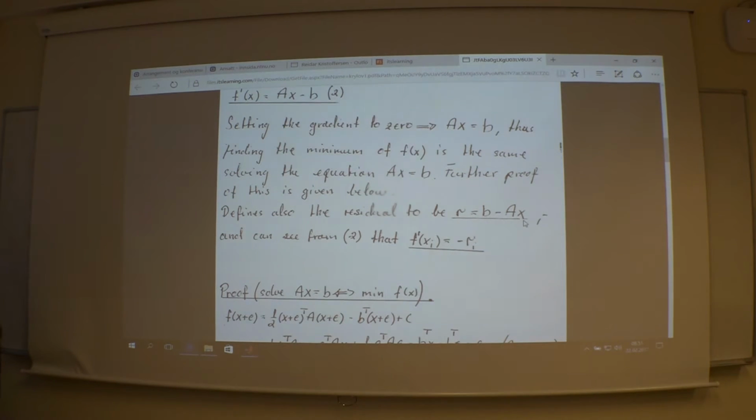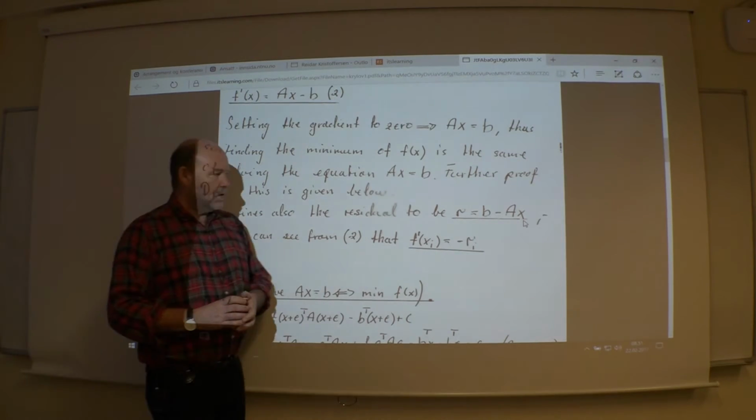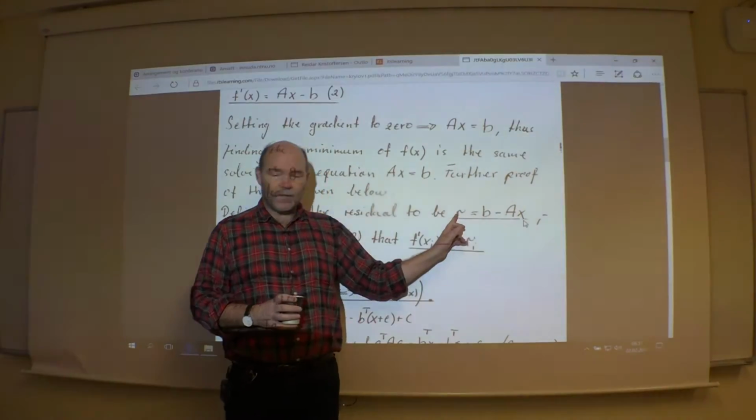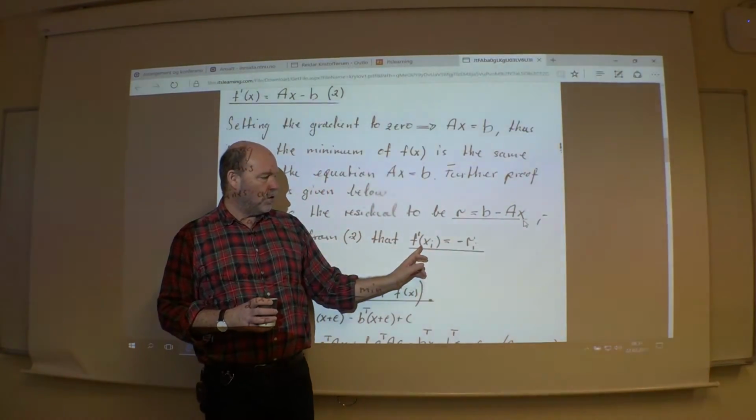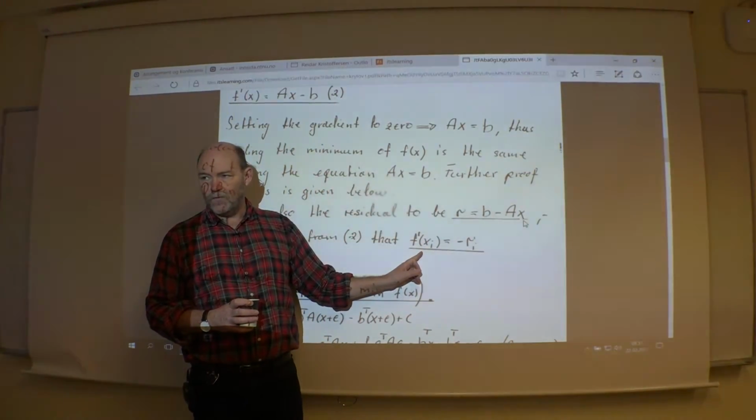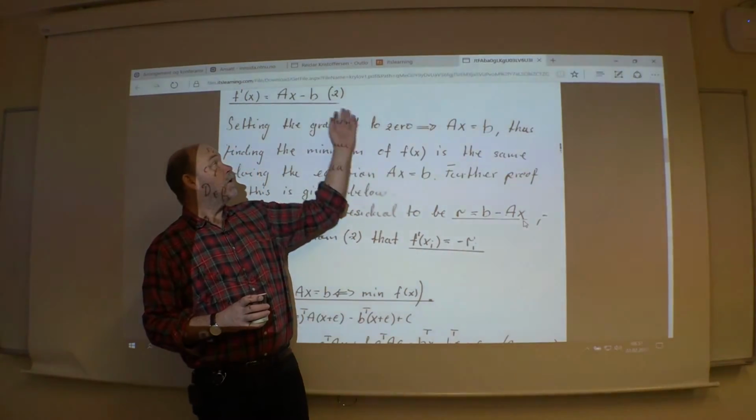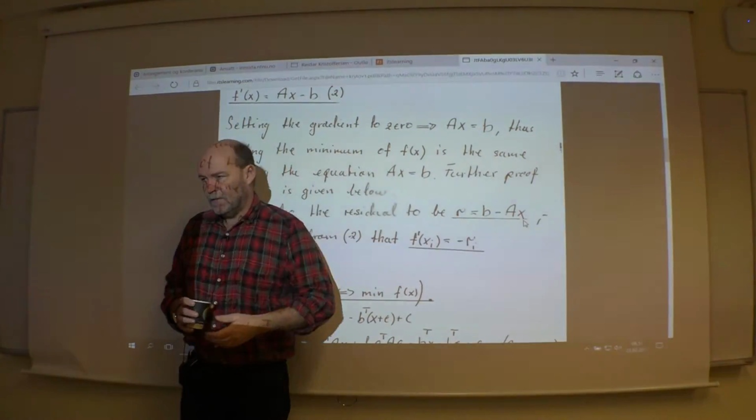So if you have, say, one initial starting point, one arbitrary x, you can calculate your residual. When you have the residual, then you know which direction to go to find a better x closer to where everything is 0. That's the philosophy.